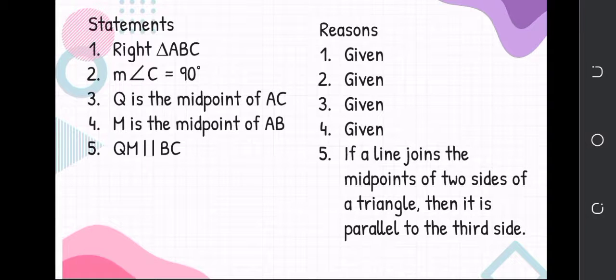Because of the principle: if a line joins the midpoints of two sides of a triangle, then it is parallel to the third side. The line that joins the midpoints of two sides of a triangle is QM, and the third side here is line segment BC. According to this principle, the two lines are parallel.